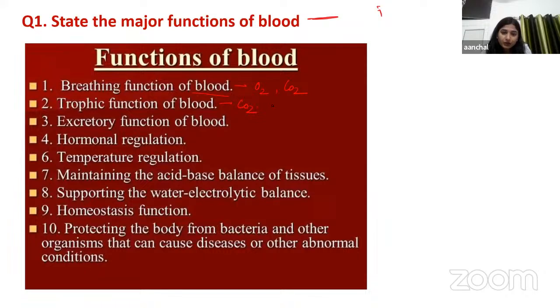And from there, hemoglobin picks up oxygen and delivers oxygen from lungs to tissues, right? So this is how the second function of blood is served, that is the tropic function of blood, in which CO2 is picked up by the hemoglobin from tissues to lungs, and oxygen from lungs to tissues, right?